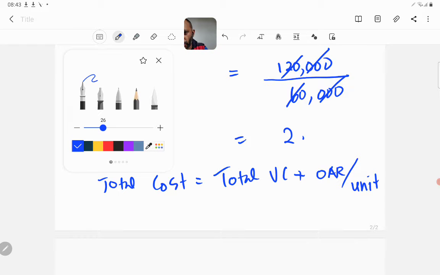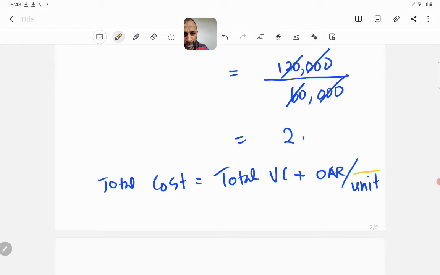Now here, one thing you all need to understand is that if the overhead absorption rate is based on machine hours or labor hours, then we should convert that to an overhead absorption rate per unit, so that only then can we take the total.